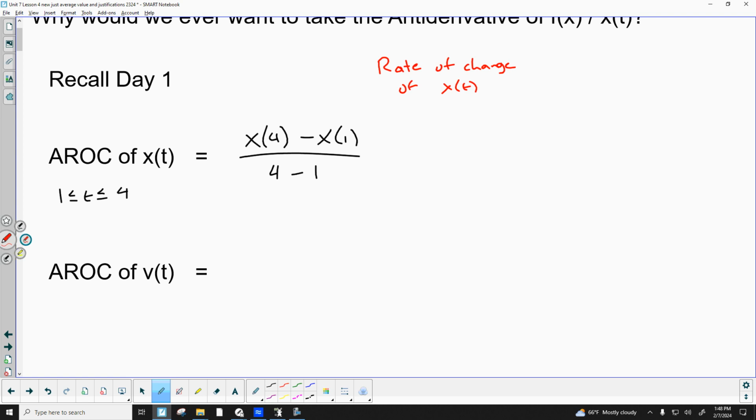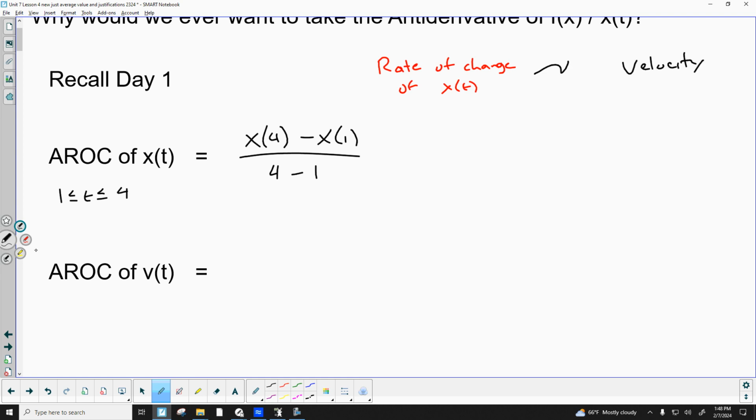Good. Here are the 3 words that I am looking for. Usually it's 2. Usually it's slope of a tangent, or slope, derivative. Third word is the velocity. That's like the physics word for rate of change of position. So this is velocity.